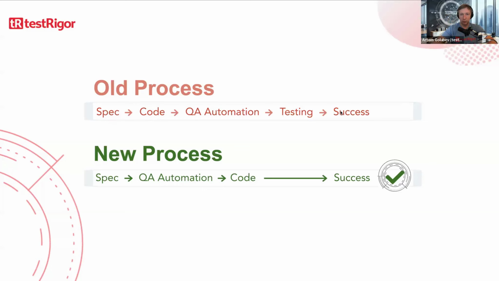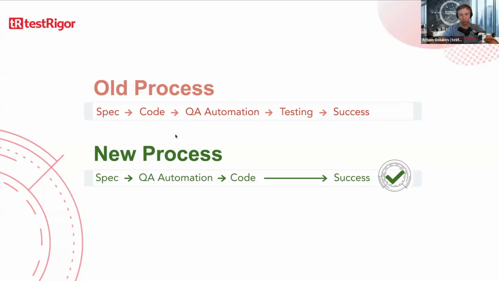Like literally no time. And this is how you keep slipping functionality from being automated, because your QA automation engineers, instead of doing automation, are de facto doing manual testing on code that engineers have written.